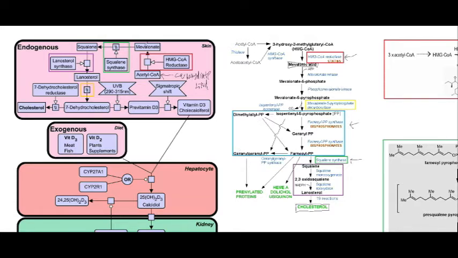So this is just showing going right from mevalonate, and it's pointing out the enzyme of interest here, since these are all common synthetic enzymes. It's pointing out the one that's relevant here, which is the squalene synthase to generate squalene, and then the lanosterol synthase, which is down here.